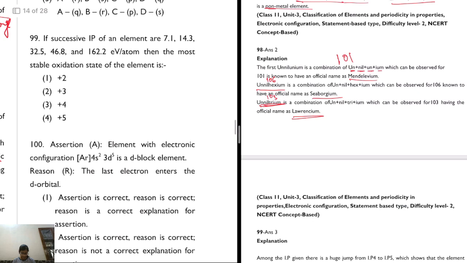Now, the next question. The successive ionization potentials of an element are given. What is the most stable oxidation state of the element? Now in this, among all these, there's a huge gap.